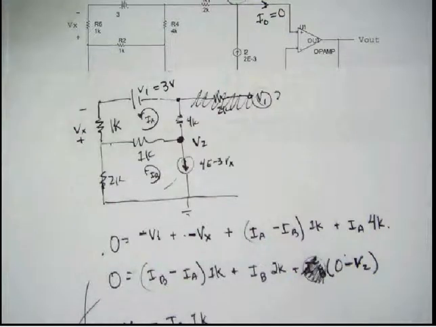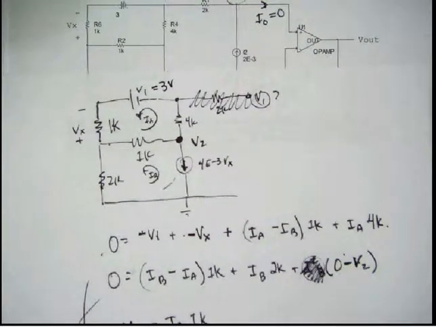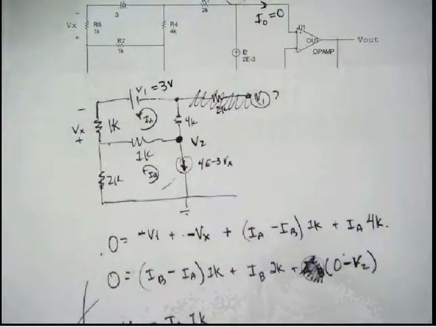V2 is equal to minus IA 1k plus IB 3k. Almost there. So we have the nasty unknown V2 that we'll need to get another equation for. Let's see what we can do.